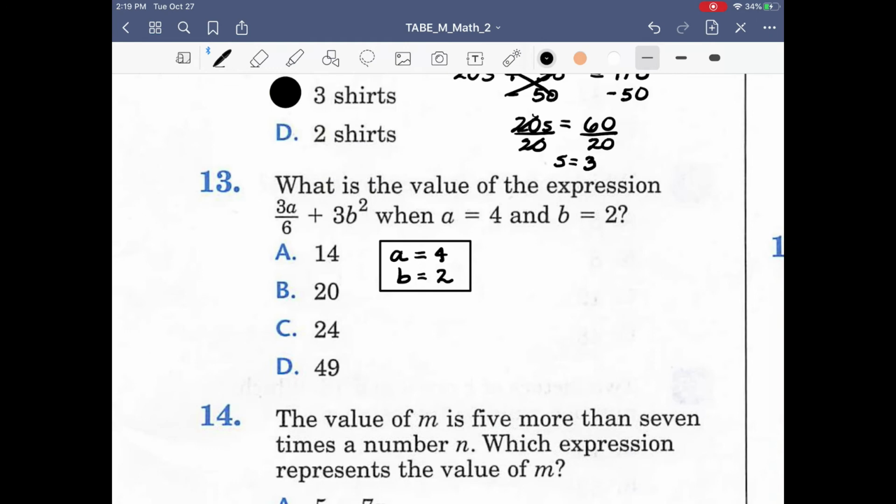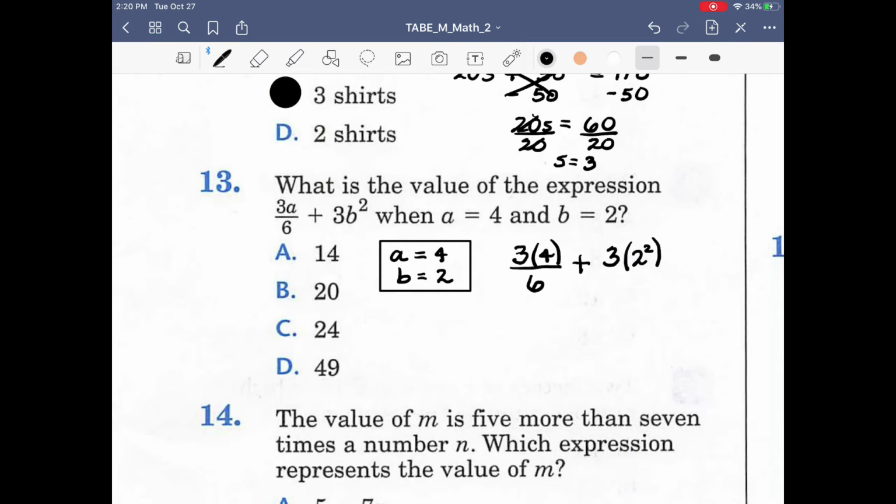And here's the expression: 3 times A over 6 plus 3 times B to the second power. So I've substituted my variables in there. I want to make sure you keep them straight. Put A's in for A's and B's in for B's.